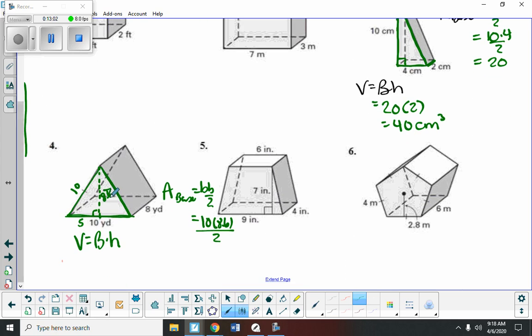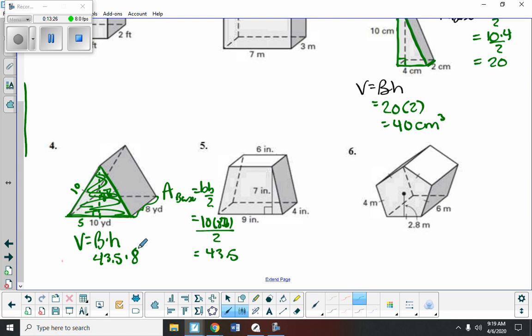It should be 8.7. So you get 43.5. So the area of the base then is 43.5. And then the height, which is the distance between them, is 8. And then you can just multiply that out and you'll have that one done.